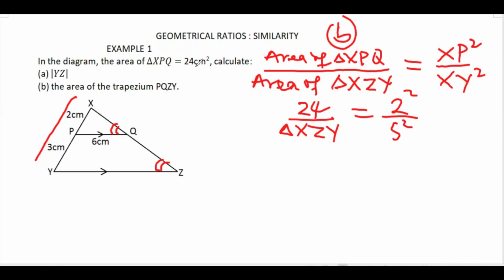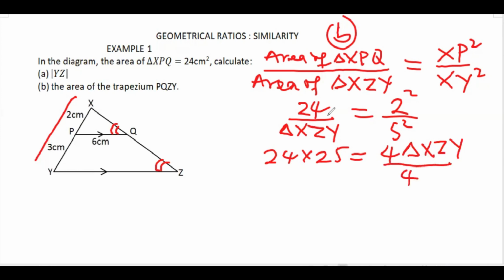So we can now cross multiply. 25 multiplied by 24, that is 24 times 25, equals 2 squared, that is 4, multiplied by the area of triangle XZY. So from here, we divide both sides by 4, so that this 4 will go.